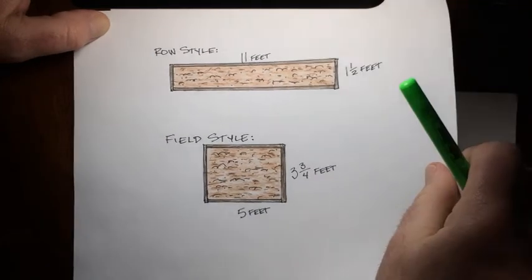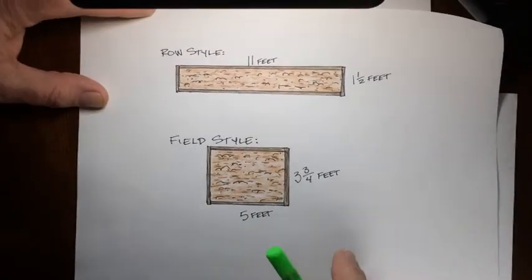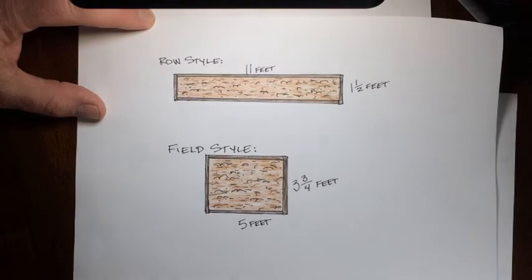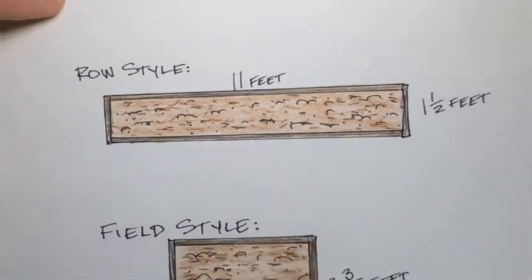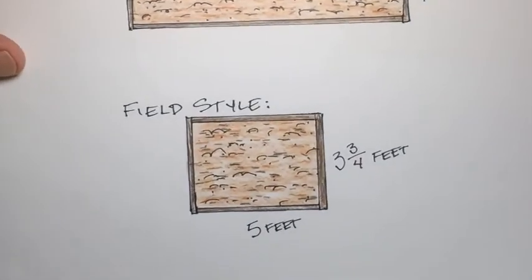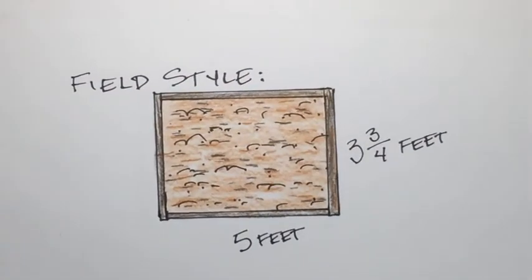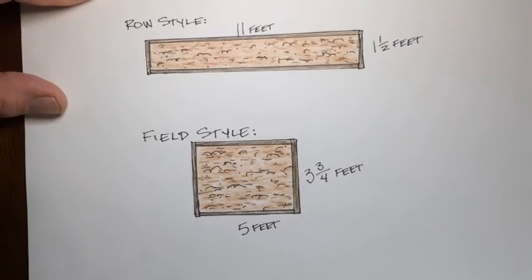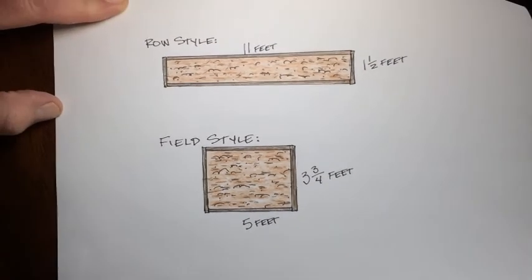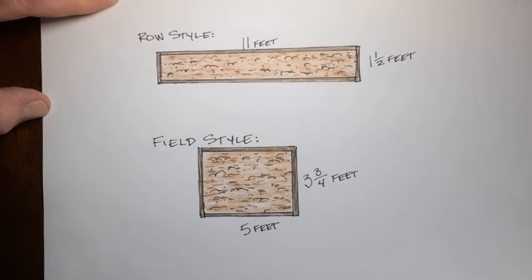You'll see this picture again on the form, but you'll have a row style that's 11 by 1.5 feet. And then you'll have a field style that is 5 feet wide by 3 3/4. And the question again is, which is the better choice? Because it has more area for growing your vegetables or flowers or fruits, whatever you have. So that's the question for today.